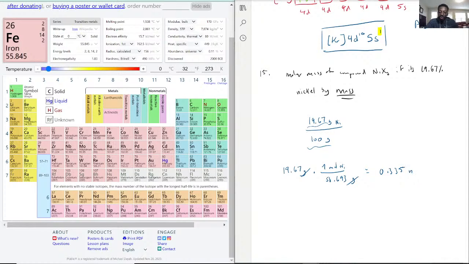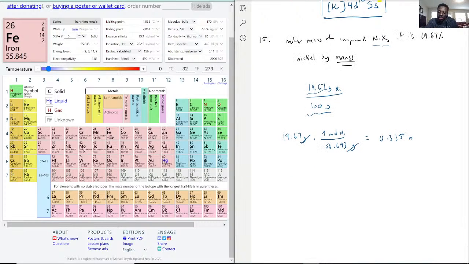And we get that it's 0.335 moles of nickel. But they're generous enough to tell us that it's NiX3, meaning that for every mole of nickel, to form this compound, there have to be 3 moles of whatever X is.